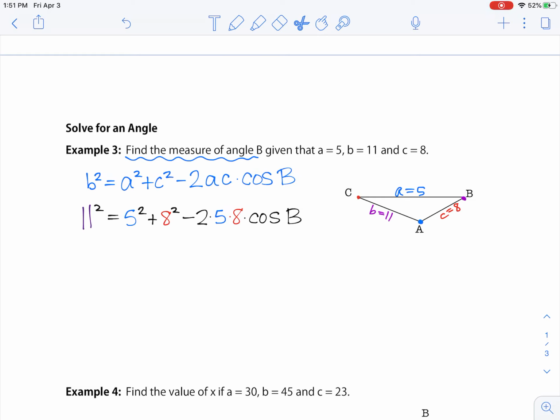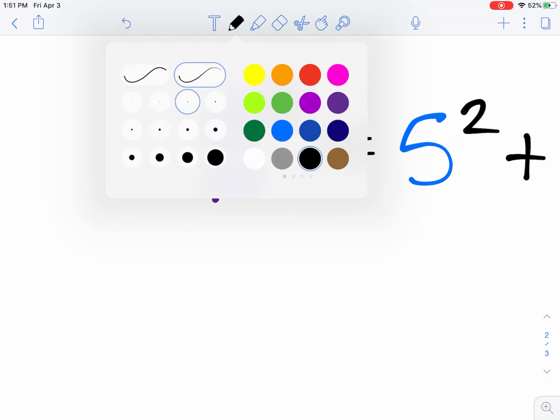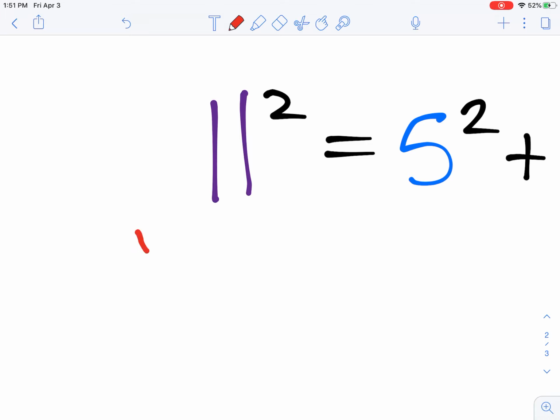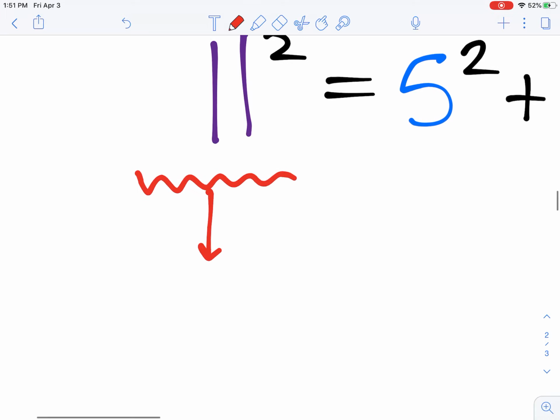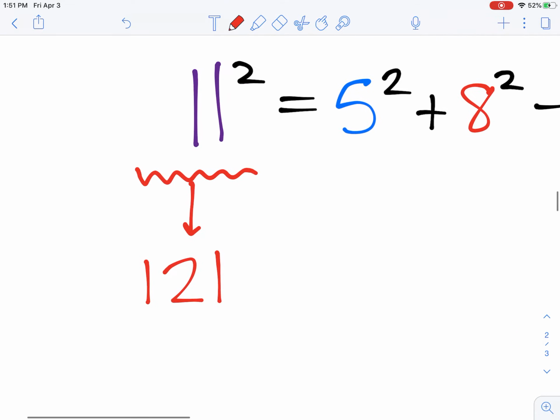However, now we're going to start a process of trying to get big B by itself. So before I start moving items, we're going to do some calculations. So calculation number 1, 11 squared, which is 121. And we're going to do this in a manner that allows us to set up the pieces that we're going to move as we get B by itself.